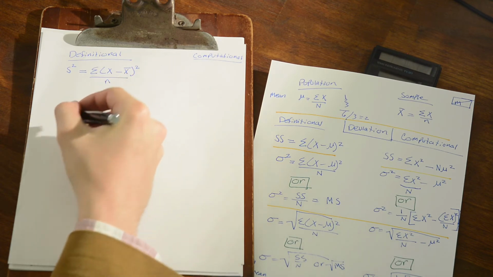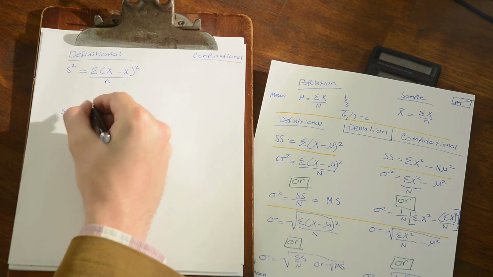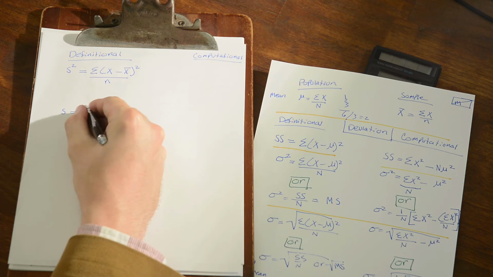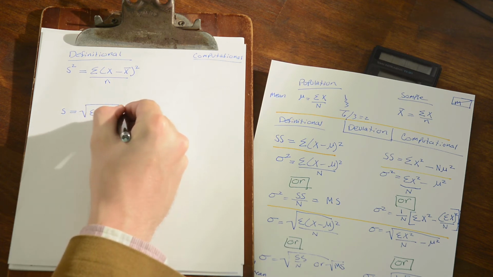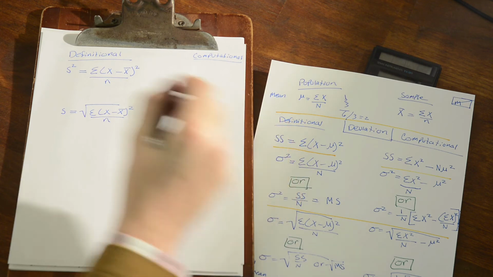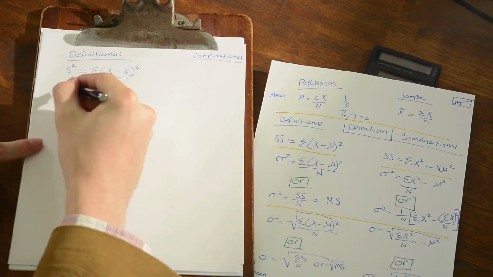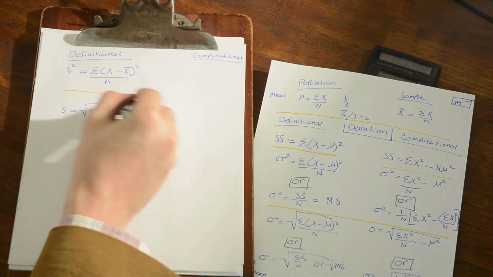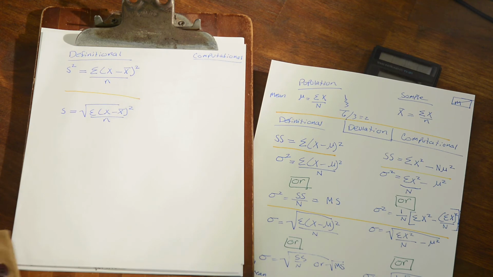Next, we have our standard deviation of the sample is equal to the square root of the sum of x minus x bar squared, and all of that over n. We'll go ahead and mark these off, the line, and then we'll look at our computational side.